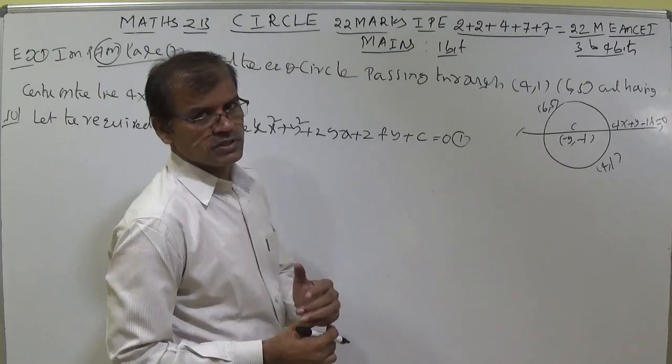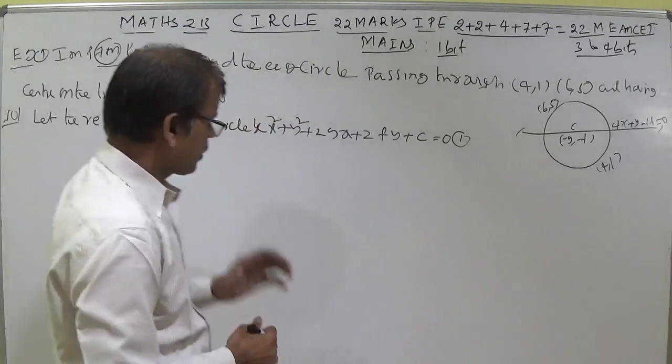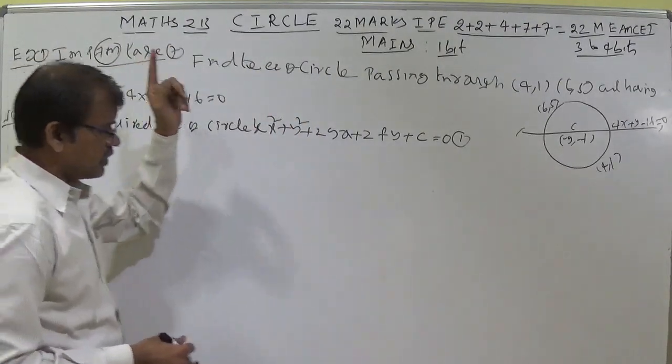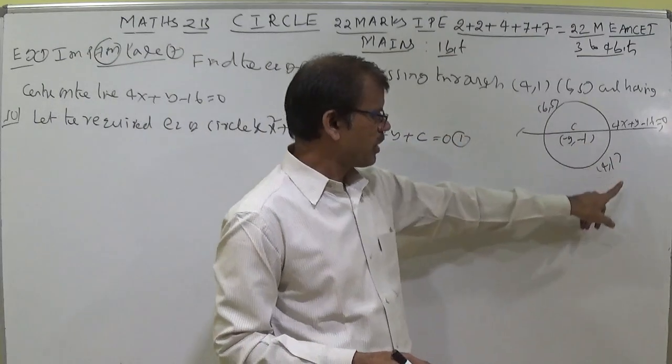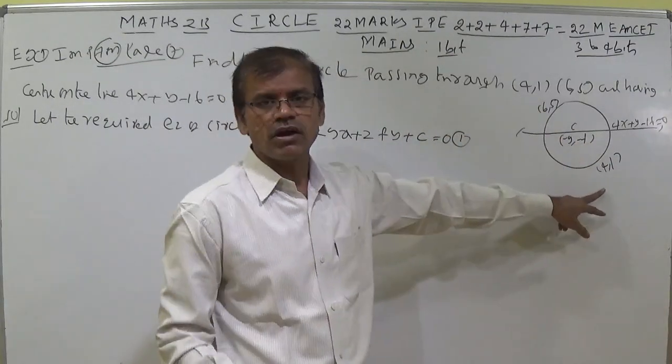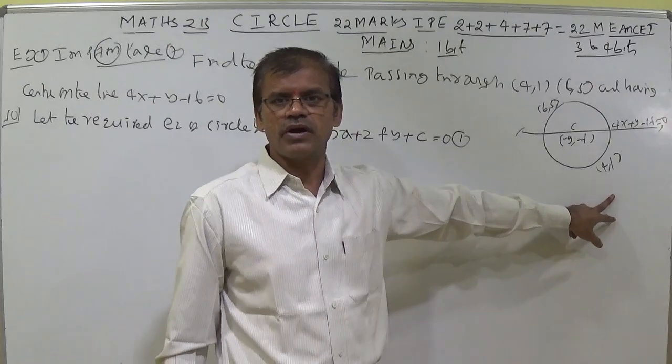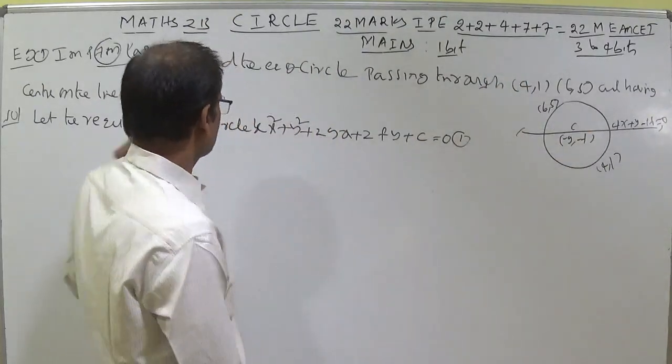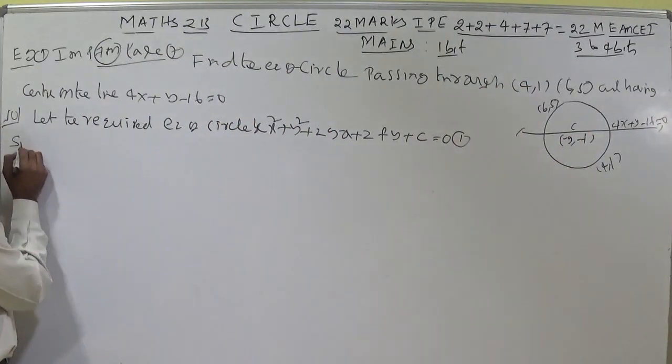Let it be first equation. If the passing through points are given, you should substitute the points in this circle equation.